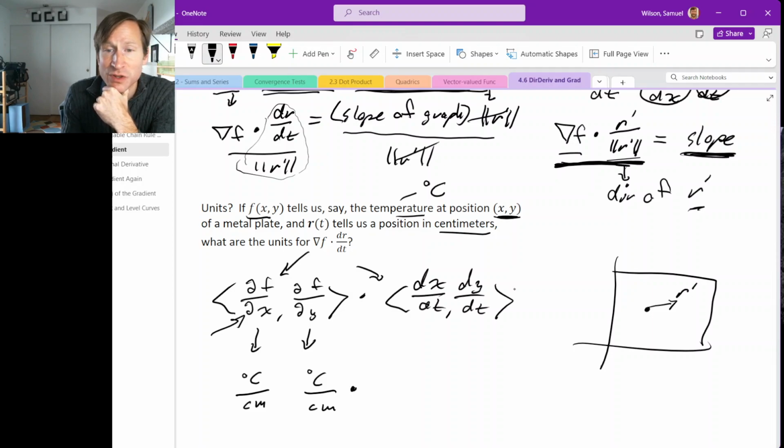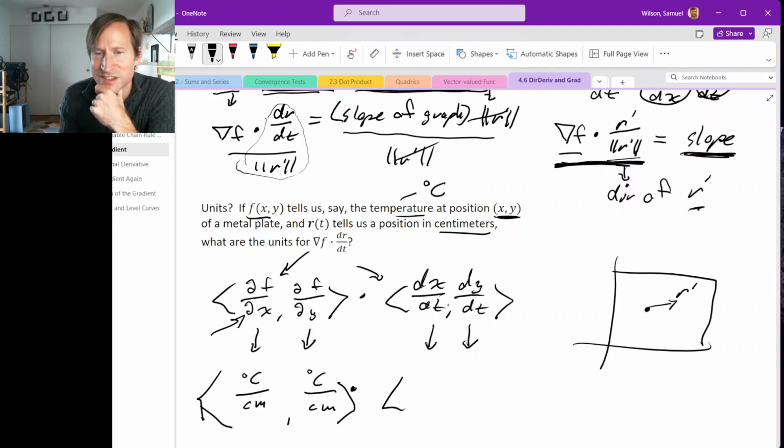Now when we dot this with r prime, here we're just looking at units. X and y are measured in centimeters, t is measured in some time unit, let's say seconds. So we get centimeters per second.